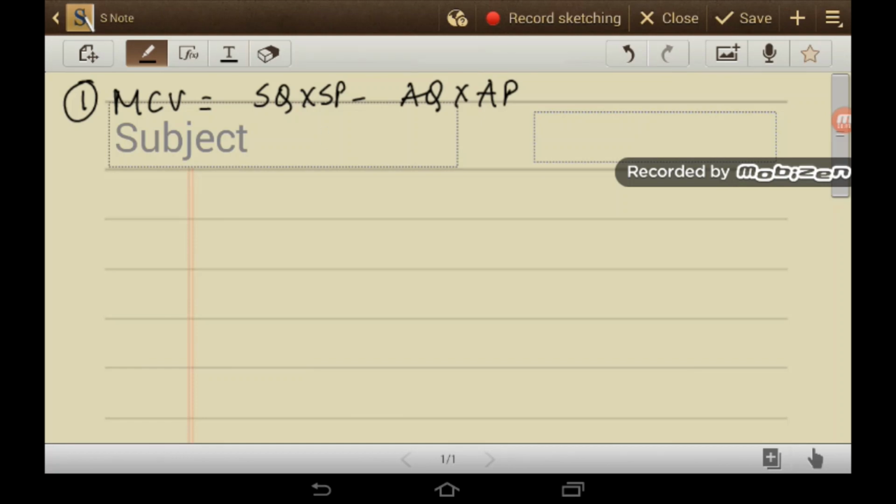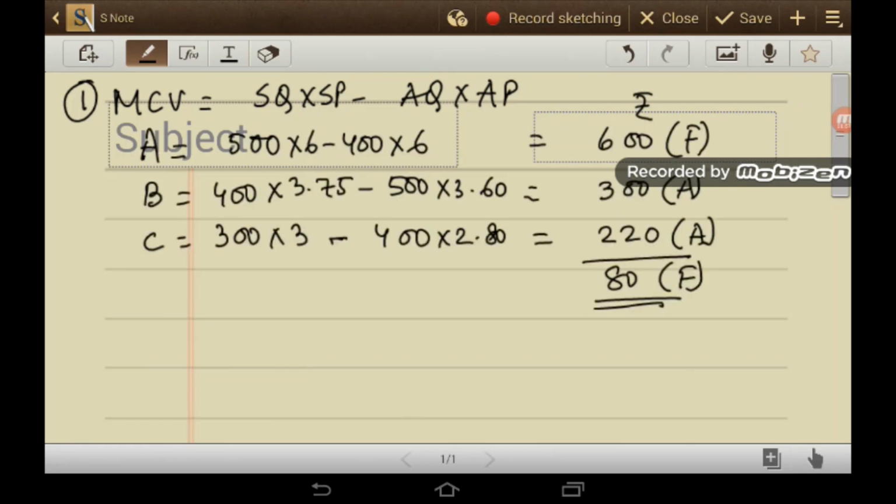Standard price, actual quantity and actual price are given in the question, and we have identified them in the table that I have prepared. Now let us put the values for A, B and C. For A it is 600 favorable, for B it is 300 adverse, and for C 220 adverse. So the total of material cost variance is 80.